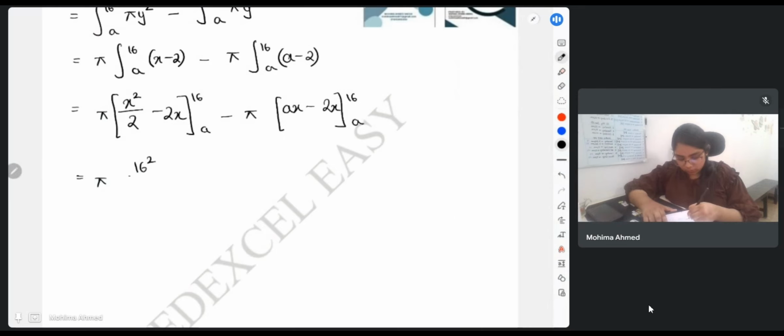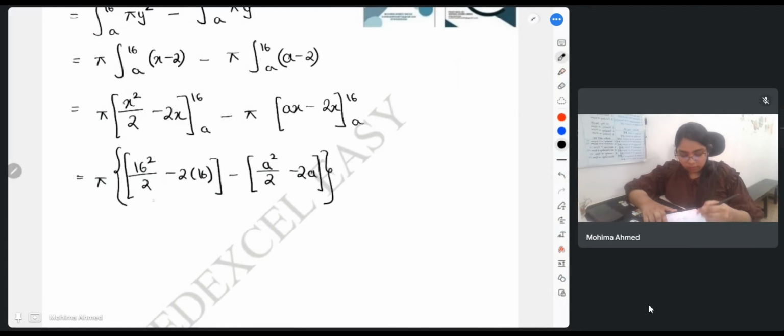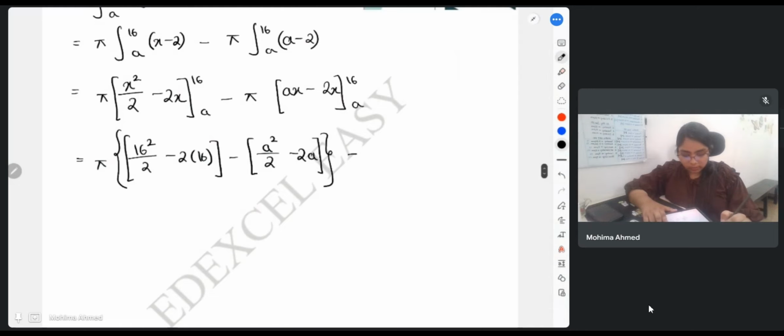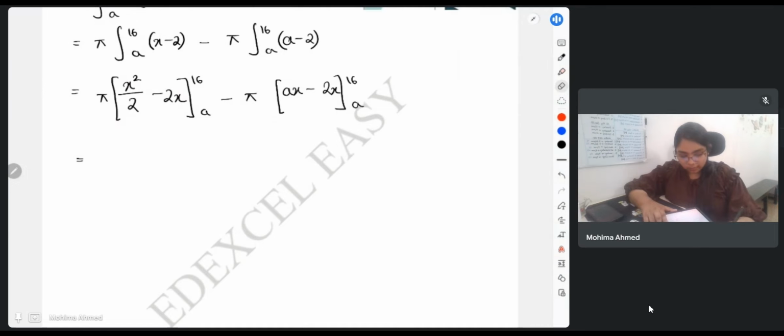It will be 16 square by 2 minus 2 times 16, and then minus a square by 2 minus 2a. Right, and finally you have minus. No, I think taking common over here is going to be a very good thing. It will just make your maths less lengthy and complicated. From this part onward, we can first take pi common. In that case, if you take pi common, now you have inside the brackets x square by 2 minus 2x.